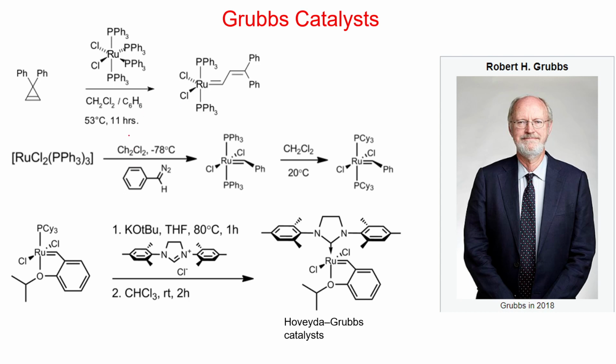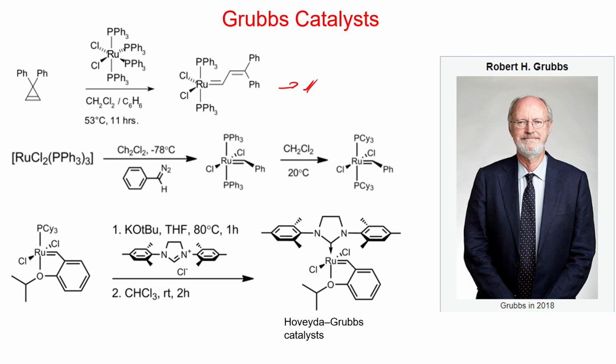With cyclopropene and in the presence of this ruthenium-based reagent, these rings actually open up and this is generated, which is your Grubbs catalyst.